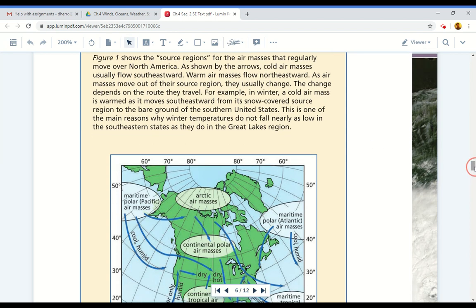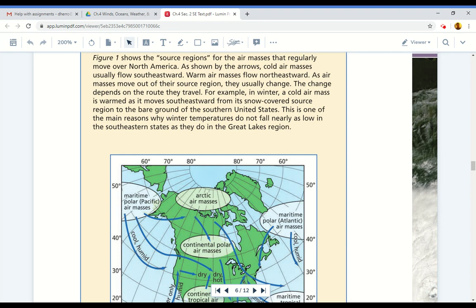Figure 1 shows the source regions for the air masses that regularly move over North America. As shown by the arrows, cold air masses usually flow southeastward. Warm air masses flow northeastward. As air masses move out of their source region, they usually change. The change depends on the route they travel.